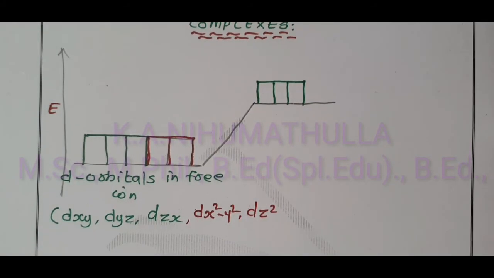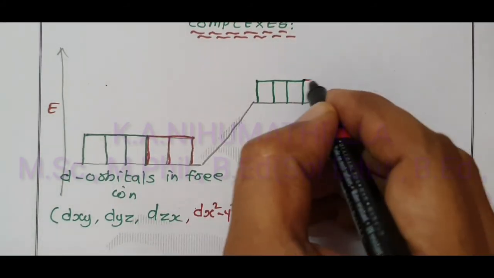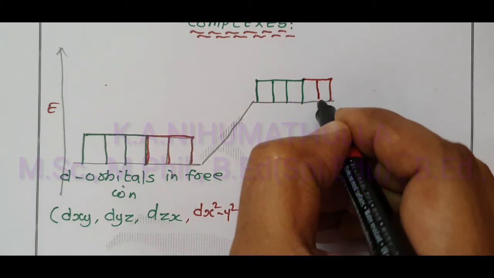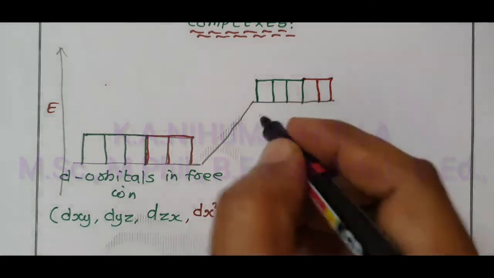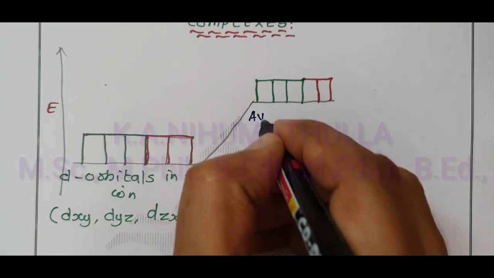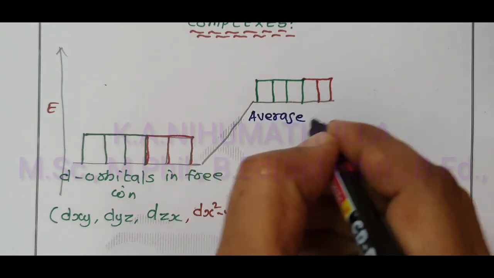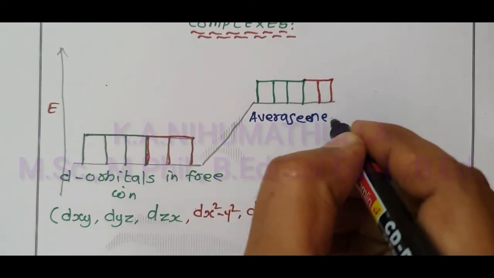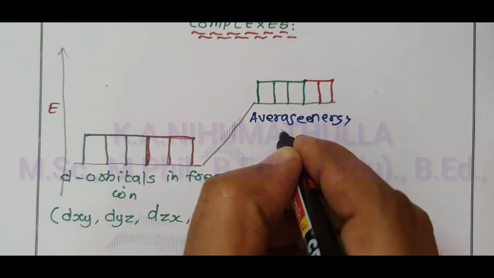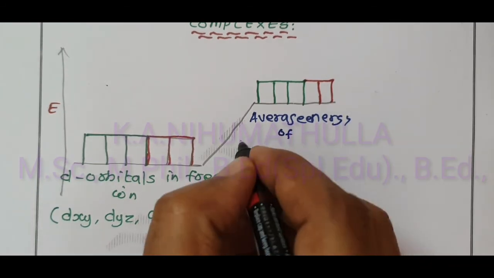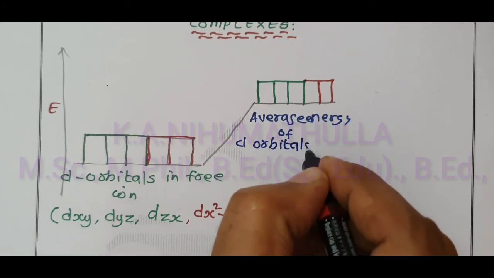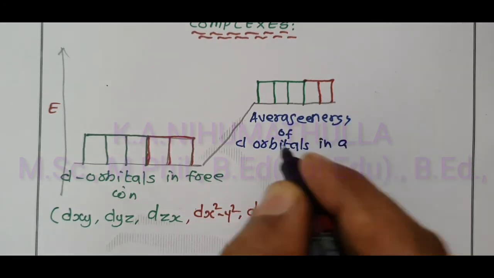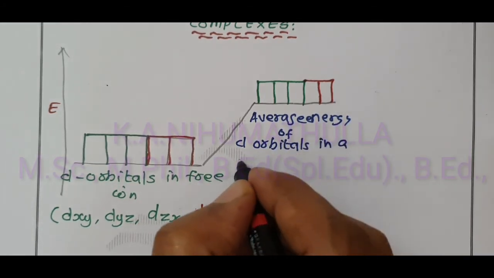Dxy, dyz, dzx, dx squared minus y squared, dz squared. But this is the average energy of d orbitals in a spherical crystal field.